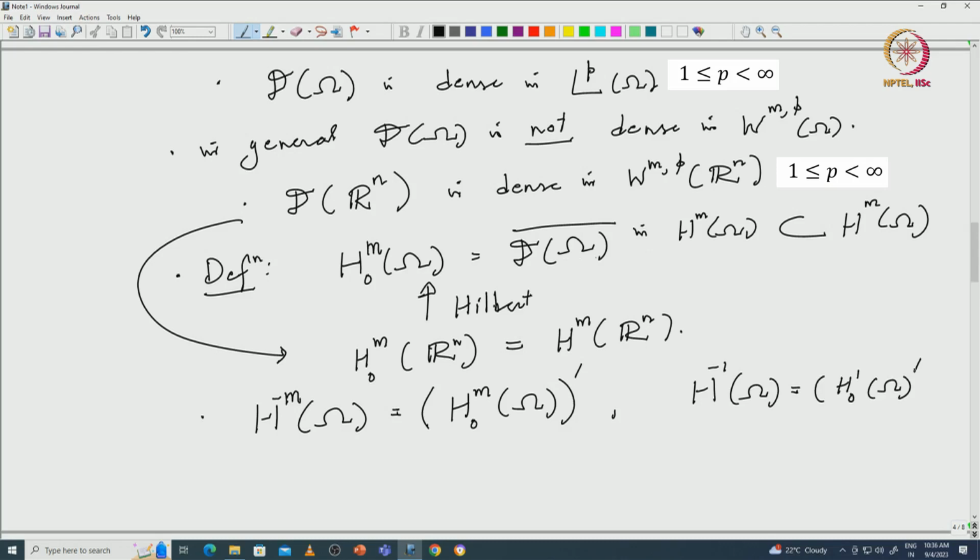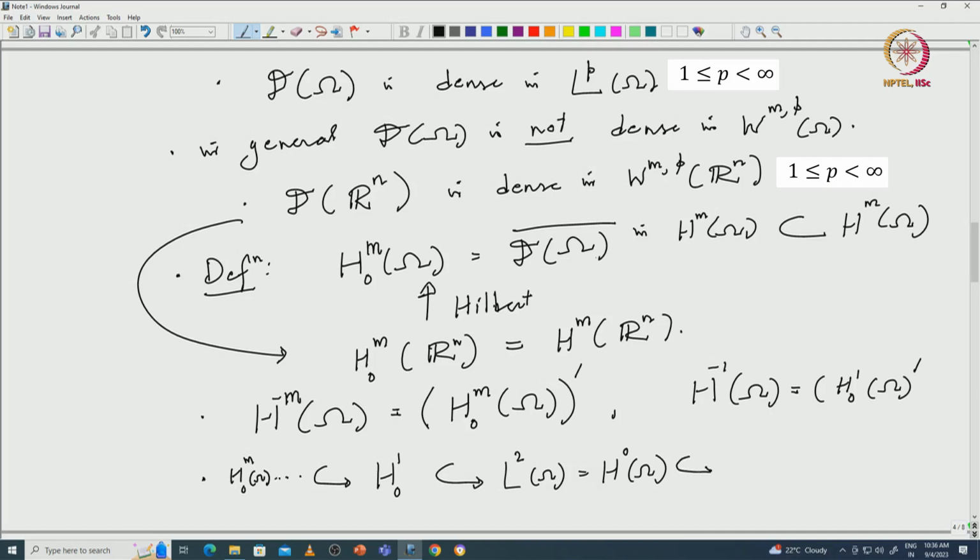With this kind of definition, if you take the dual of H^m, you may not get what we are supposed to get. This structure of inclusion happens. You have your L^2 of Ω, which is nothing but H^0 of Ω, and this contains H^1_0 of Ω. They are all continuous embeddings. So, you will get H^m_0 of Ω like that, a continuous inclusion.